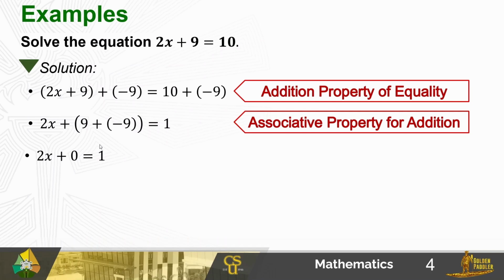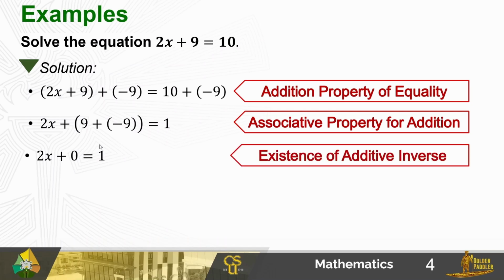Okay, so it is the existence of additive inverse. Why? Because you have 9 plus a negative 9. So it means that one of the two is an additive inverse of the other.